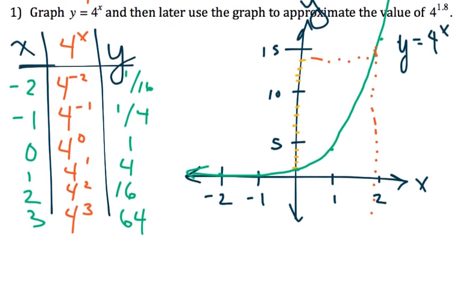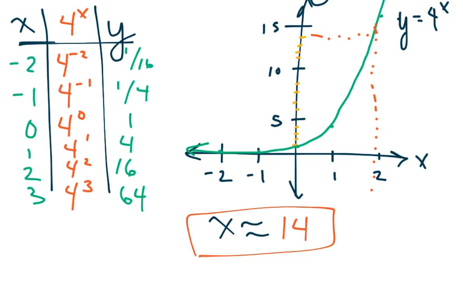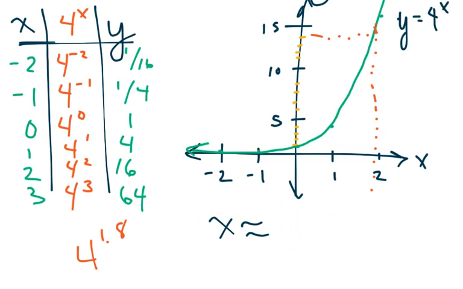So I'm using my graph, and I'm going to say it is approximately 14. I'm just guessing. Now here's what I want you to do. In your calculator, I want you to take 4 to the power of 1.8 and see what you get. Well, when you end up doing that, you got like 12.12. So if your graph was more accurate, maybe you got closer to 12 in eyeballing it, but mine was further away. So I'm going to erase 14. Go ahead and say it's about 12 and just move on.